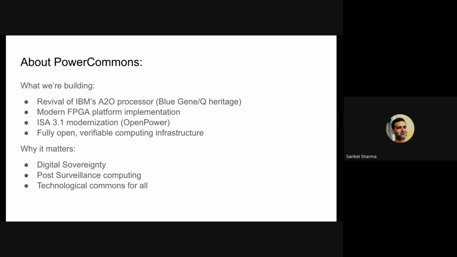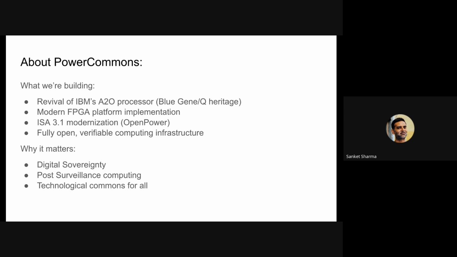It was designed a while ago, so it does not have all the latest OpenPOWER ISA implementation. So once we have it working on the FPGA, once we have the core booting Linux, the next step is to bring the processor in line with the latest OpenPOWER ISA implementation, which is 3.1.